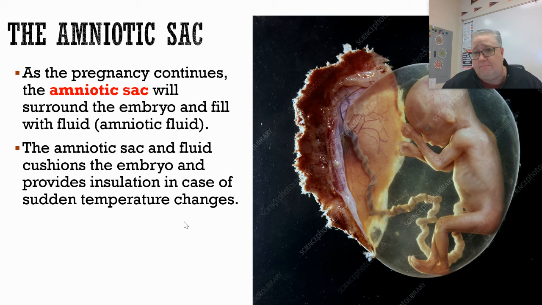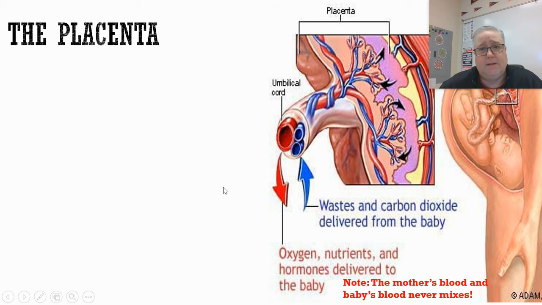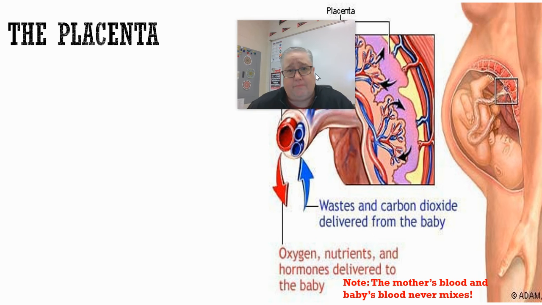That amniotic fluid is what the baby's going to be floating in for the duration of the pregnancy. It acts as a shock absorber and helps protect the baby. It also helps to insulate the baby, making sure the baby is warm enough to survive the next 9 months of the pregnancy.